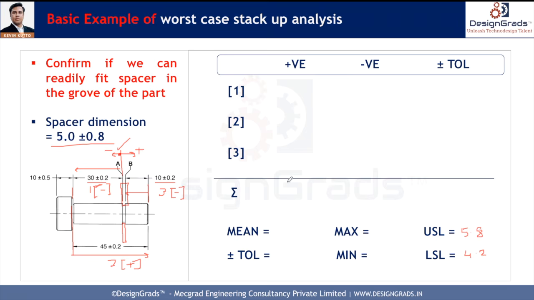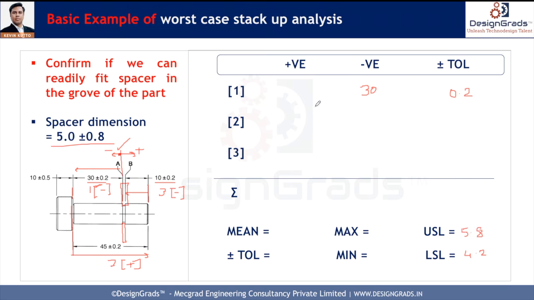Now let's put all these things into stack-up form. In stack-up form, the first dimension is 30 plus minus 0.2, and it is negative, so I put it under negative. So 30, and then I put the tolerance, which is plus minus 0.2.